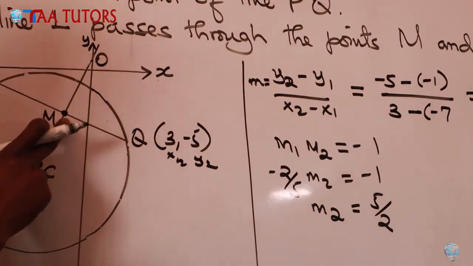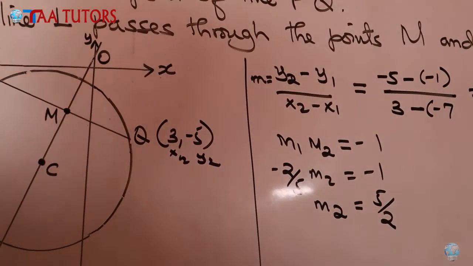So we have the gradient of this line, and we have one of the coordinates it passes through, so let us find the equation first.